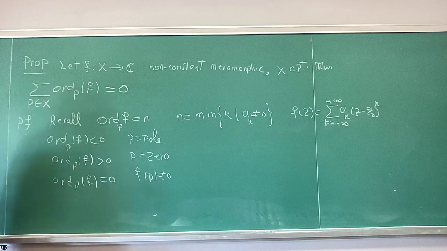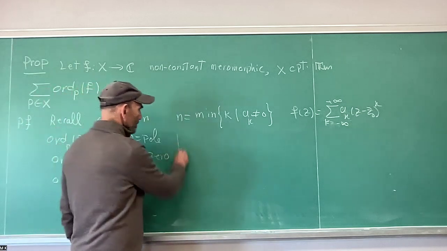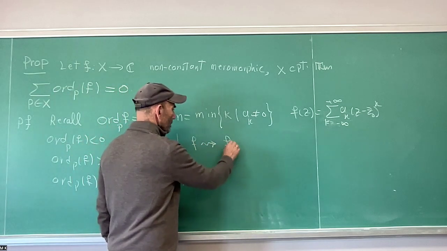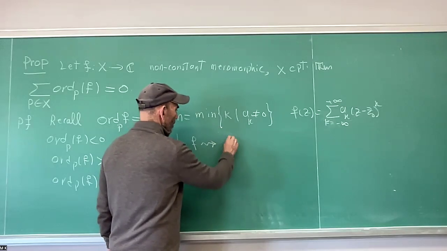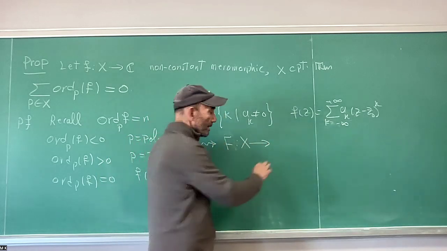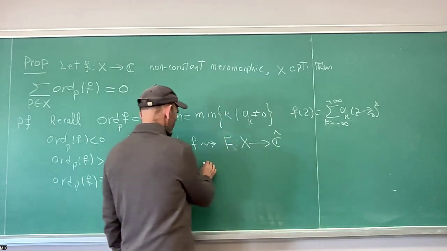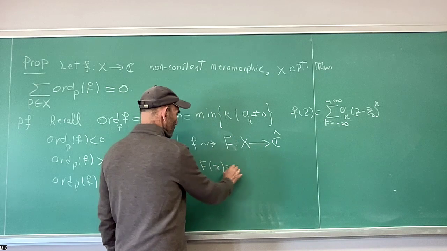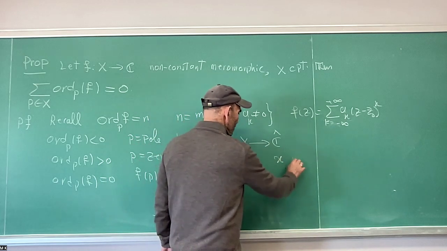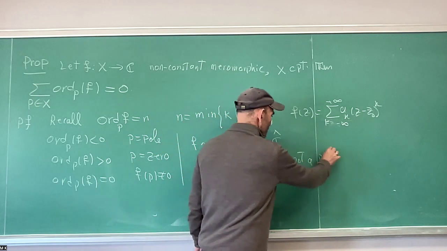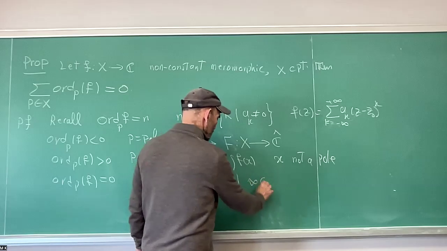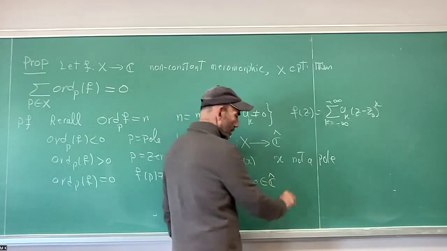Now what we are going to do is use this f to construct a function, maybe we call it f hat, or maybe we just call it capital F. This function goes from X to C hat, where F of x is equal to f of x if x is not a pole, and F of x is equal to infinity, which is a point on C hat, if x is a pole.